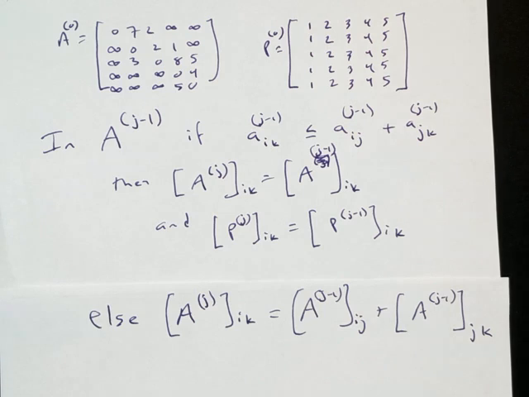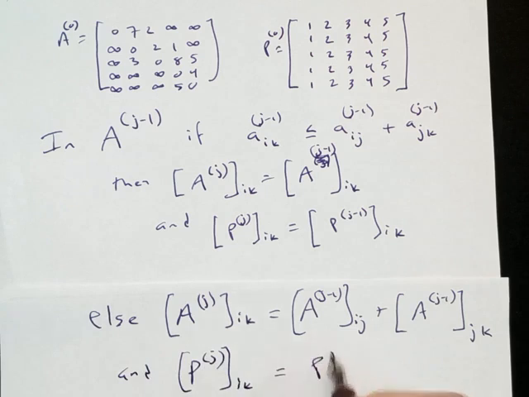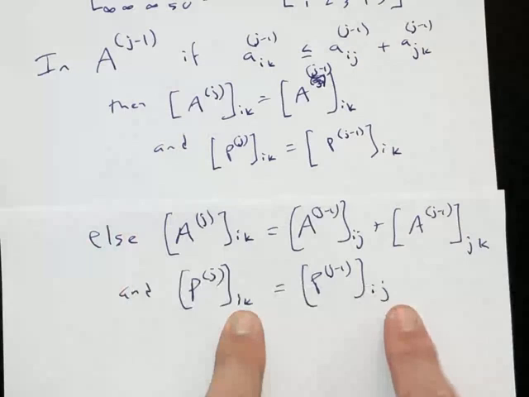Then I also have to change P. Change the label so it tells me, oh, no, don't go to K directly. Go to the thing in the J column instead.